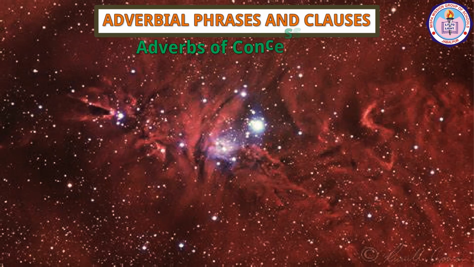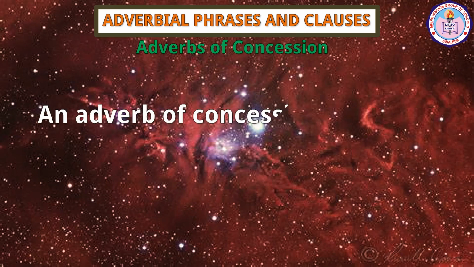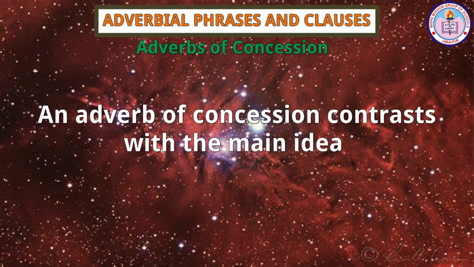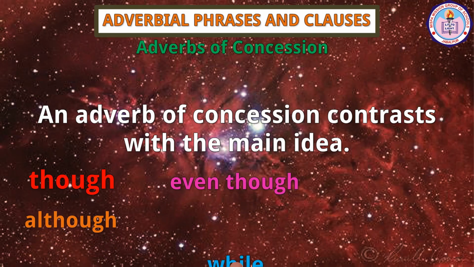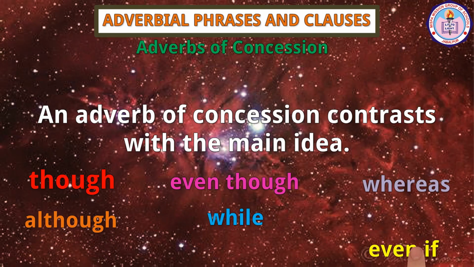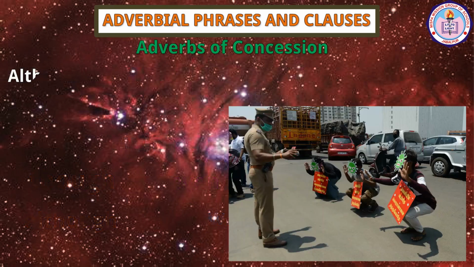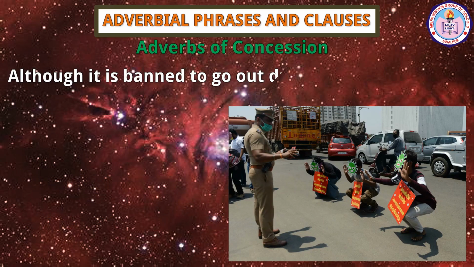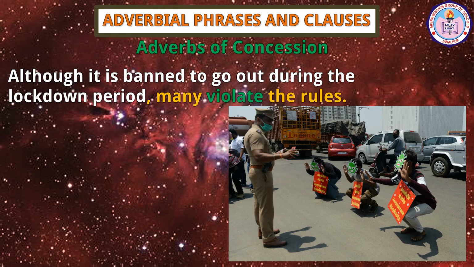Adverbs of concession. An adverb of concession contrasts with the main idea. It often starts with a subordinating conjunction like though, although, even though, while, whereas, or even if. Although it is banned to go out during the lockdown period, many violate the rules.